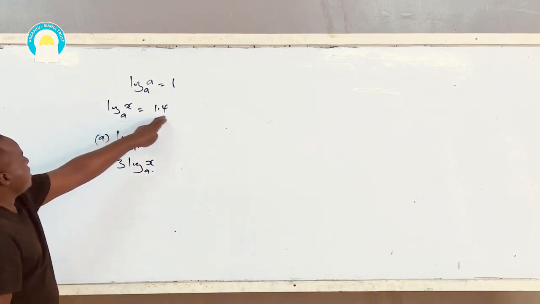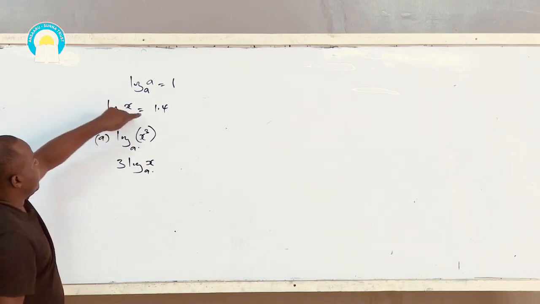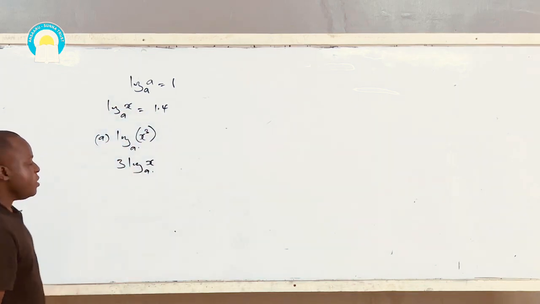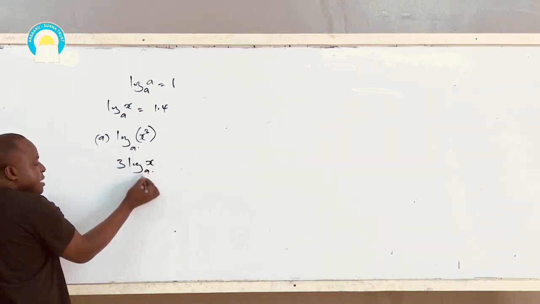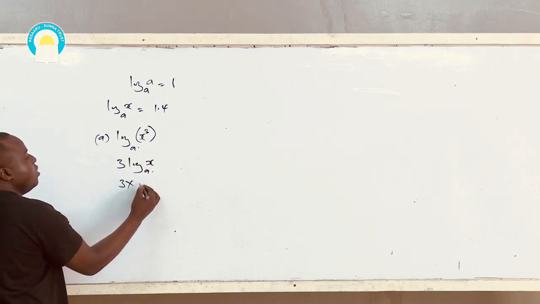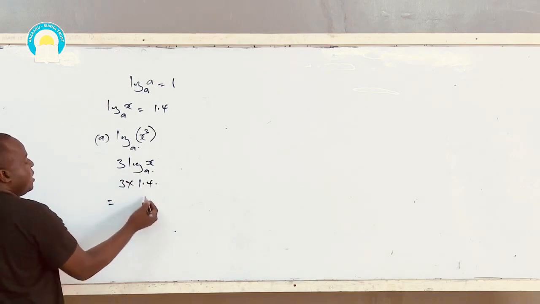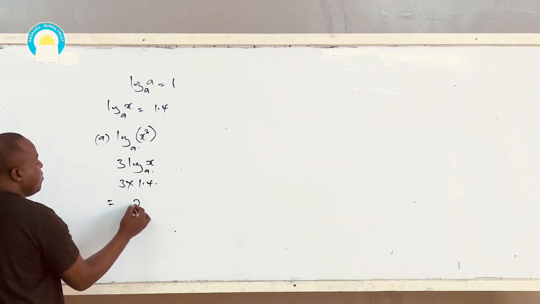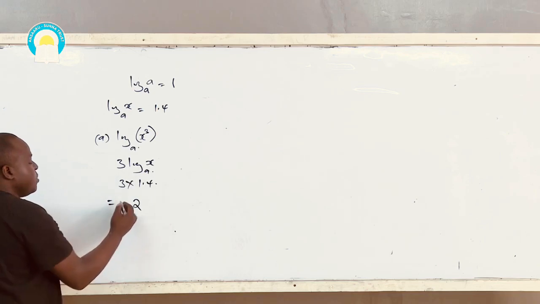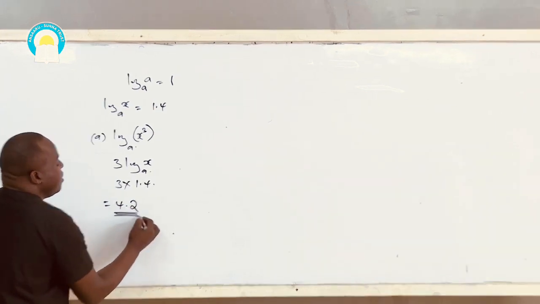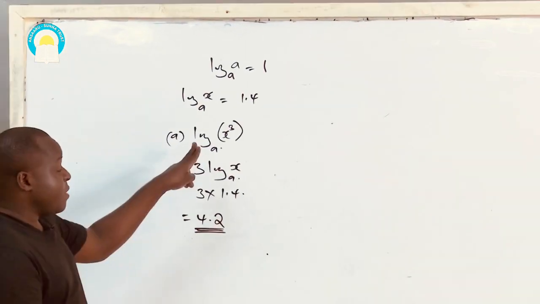But according to this statement, log x base a is equivalent to 1.4. So instead of this, I change that to 1.4. Then I'll multiply this. 4 times 3, 12, carry 1. 3 times 1, 3 plus 1, 4. So the answer is 4.2. That's for my first example.